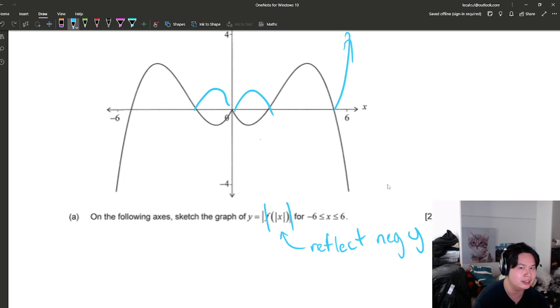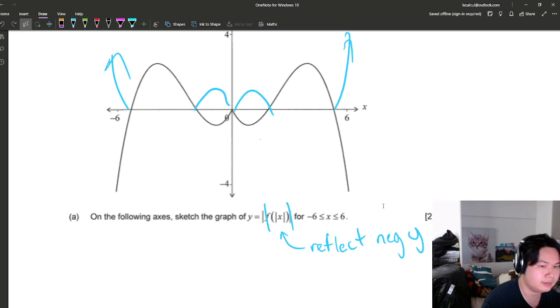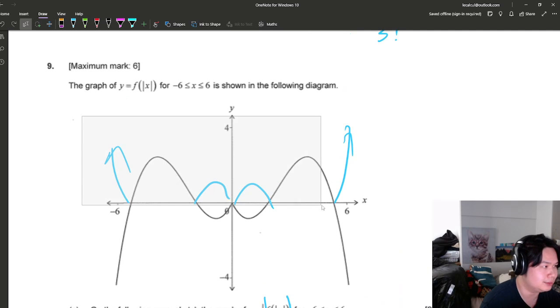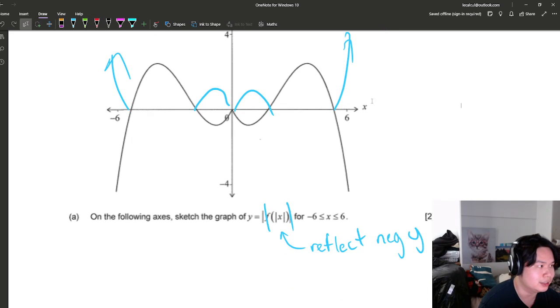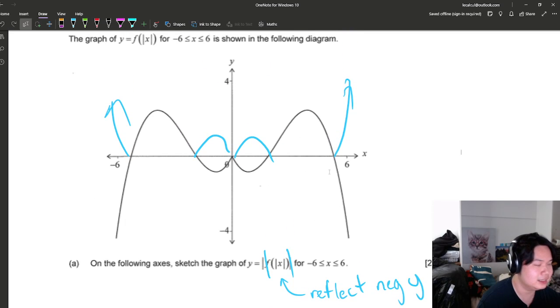So do these little arms at the end. So anything that had a negative y value, the absolute value is taken, so they're now positive versions. So graphically speaking, you're just reflecting upward or across the x-axis. Okay, so that's done. Oh yeah, and then of course, anything that was originally positive stays positive, so this is what you should have graphed.